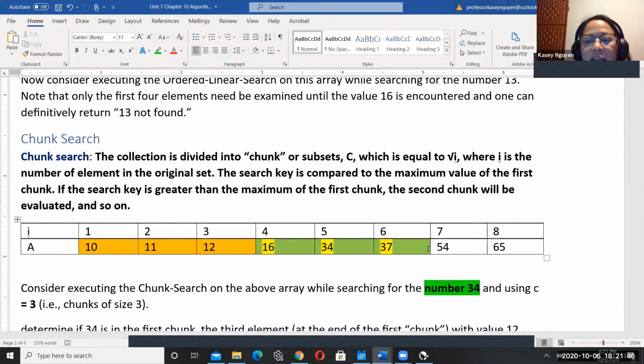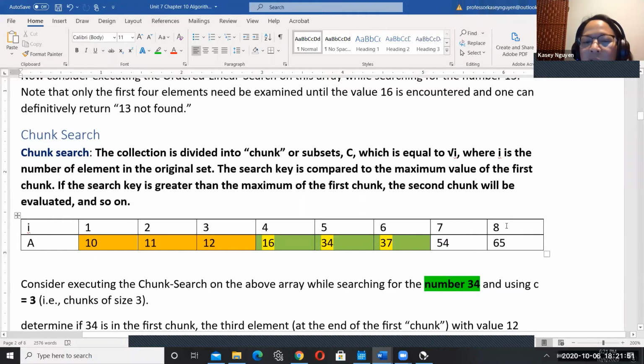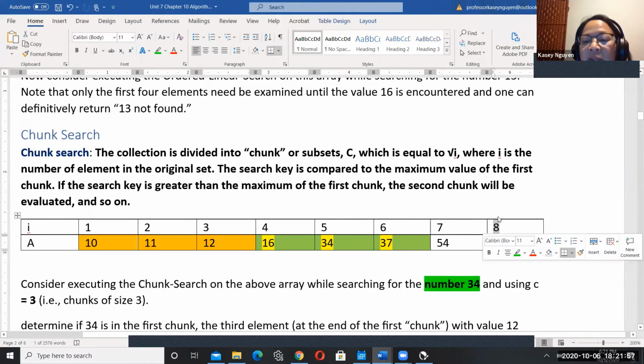How do we determine that? If there are 8 elements, it takes the number of elements, the number of inputs, and we can do a square root to see how it's going to be divided.